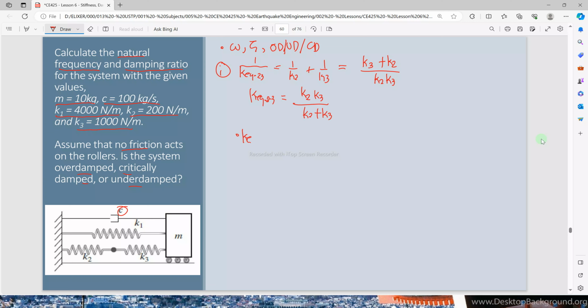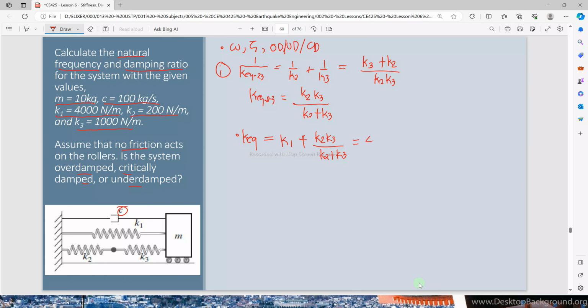So we just add that to our parallel. So the K equivalent of the total stiffness is K1 plus K2 times K3 over K2 plus K3.